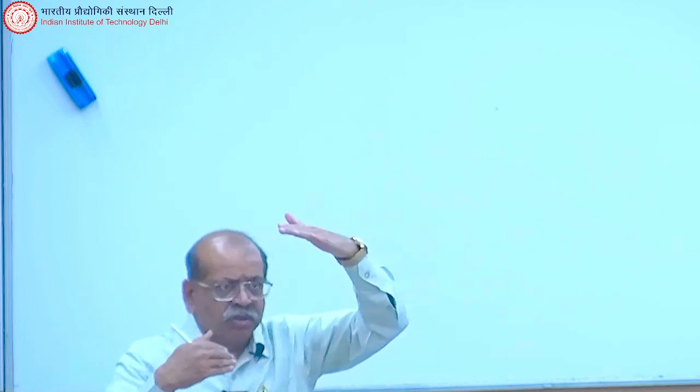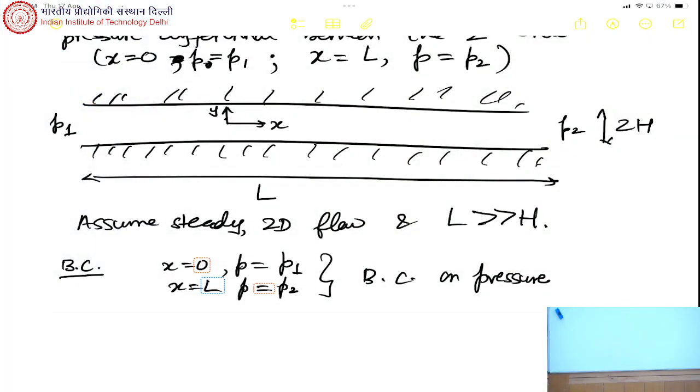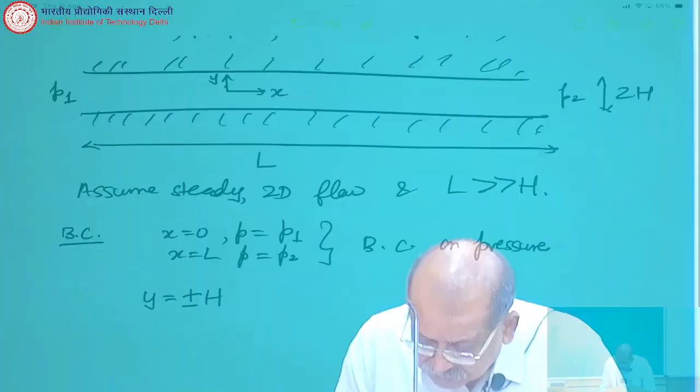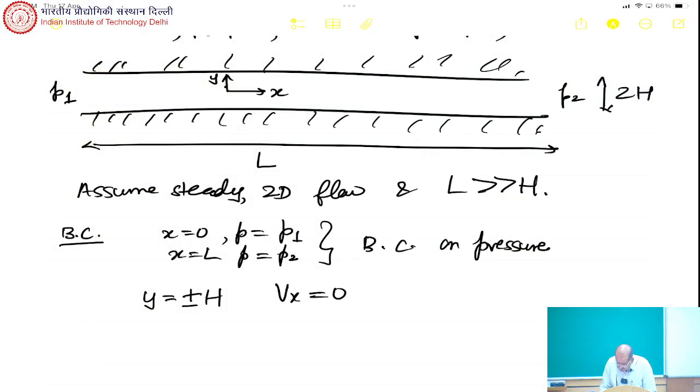Both are zero on the boundaries. So see how I am solving the problem. I am starting with the boundary condition. I have not looked at this equation at all. These big equations, I am not looking at them. So on the boundary, y is equal to plus minus h, Vx is 0 and Vy is 0.